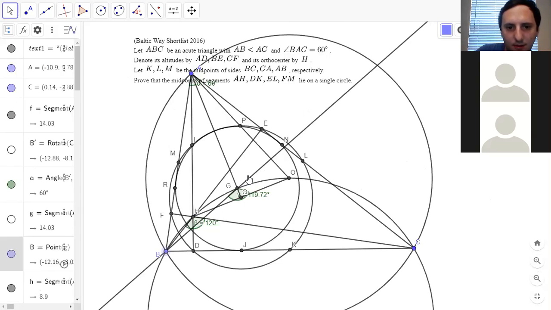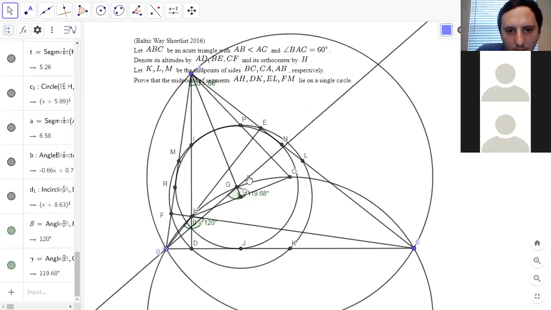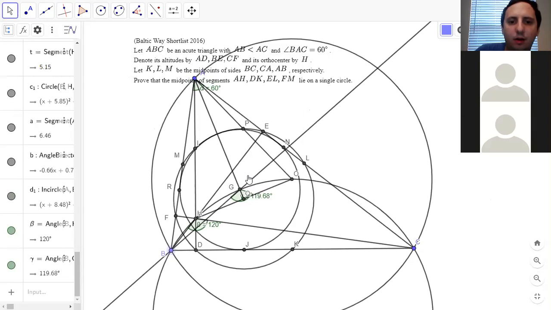We cannot just call that point G and prove that it is the center.